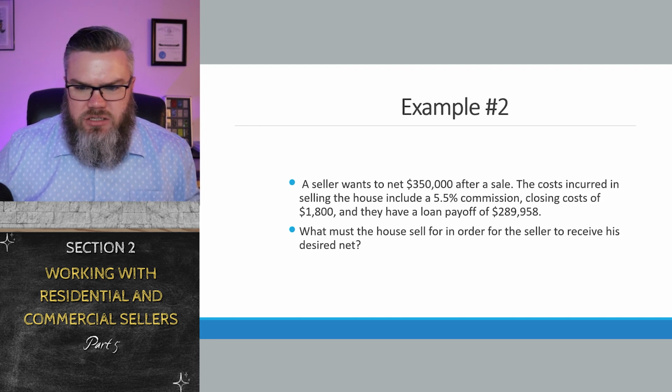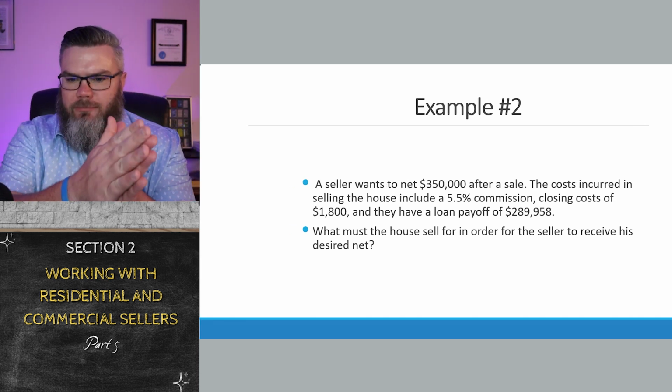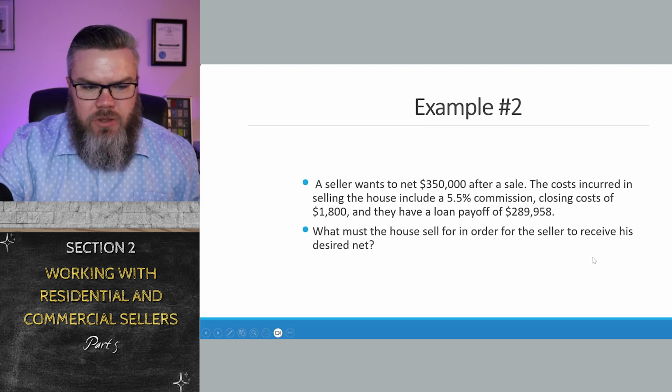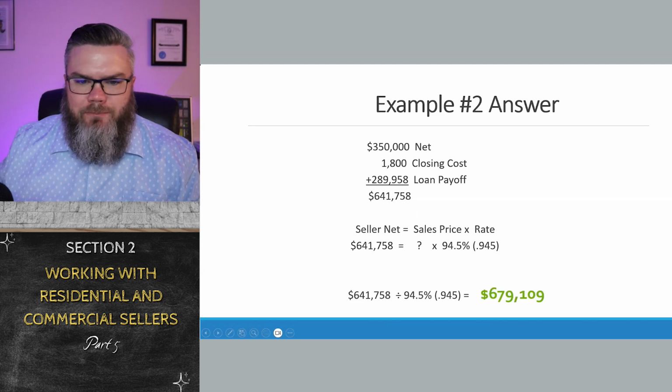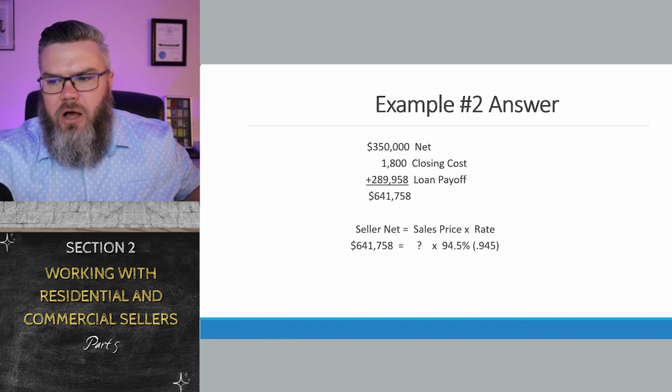Sam says yes. It's okay. Let's talk about it. So the consensus in the room was, I think, 679,109. So let me show you why and how this works, okay?